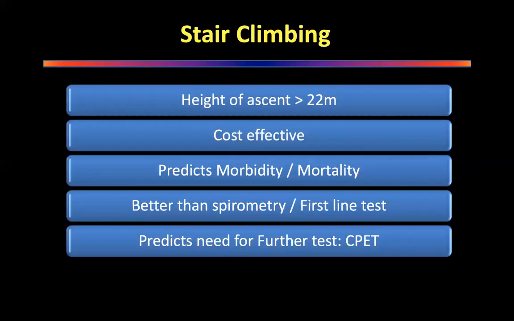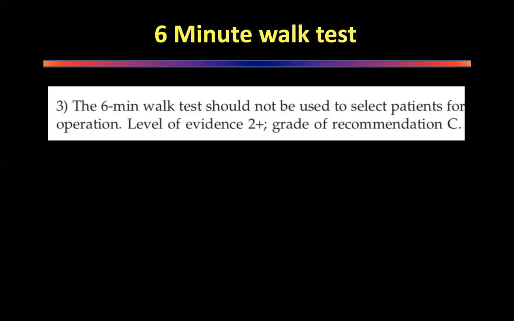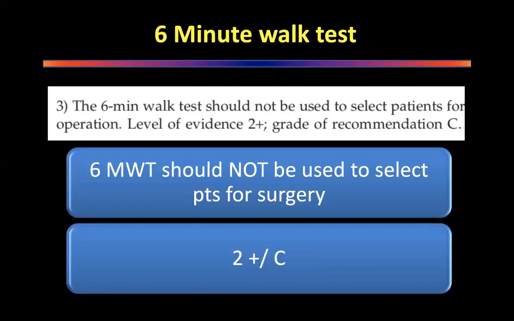Stair climbing is also quite a good one. I told you it's very well recommended in the ESTS, ERS guidelines, and they say it has a very good correlation with morbidity and mortality, and can be used to decide which patients to put through CPET. The 6-minute walk test, I told you, we really don't know the effectiveness of this test. Some people do use it, but the literature is not clear on how effective it is. What is the sensitivity and the specificity?